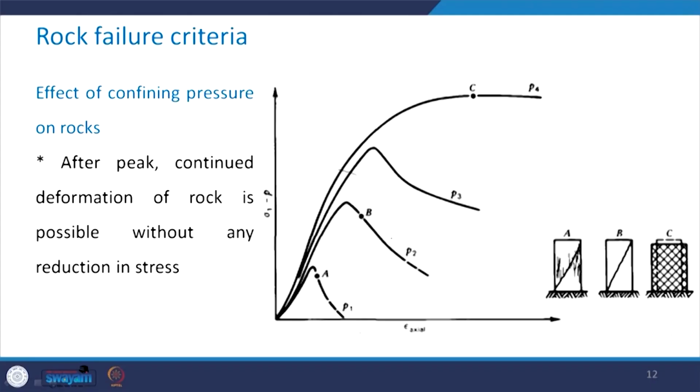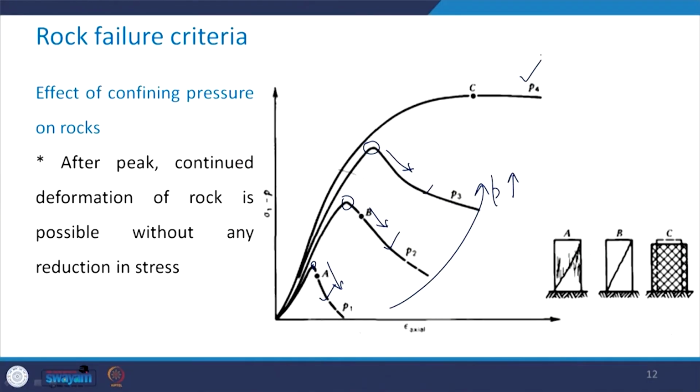Let us see that after the peak, the continued deformation here in this case, see here, after the peak in all these three cases, there is a sudden reduction, and this is less striking when you are increasing the value of P. But when the ductile behavior is there, in this case, the continued deformation is going to take place.